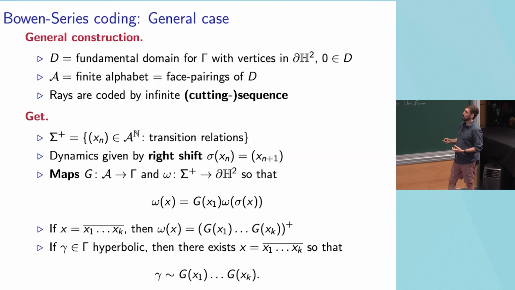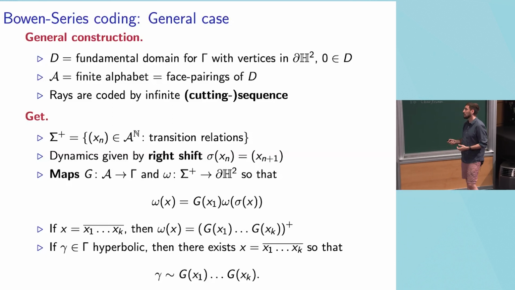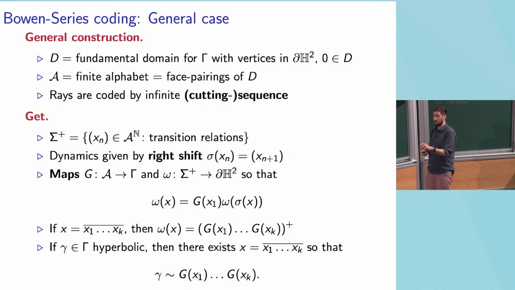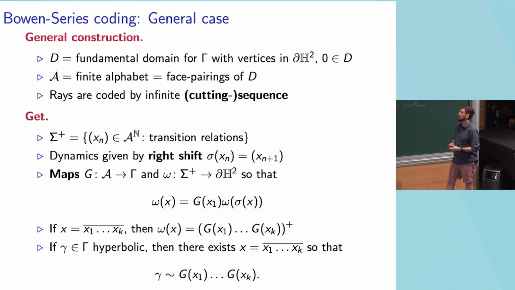And now I can look at a point at infinity given by x, omega x, and that point is exactly the attracting fixed point of this group element as an element of PSL2R. Moreover, in a kind of backward direction, if I have something that's hyperbolic, then I can find a periodic word so that gamma is conjugated to this g_x1 through x_k. Okay, so somehow this object is very good at keeping track of group elements, hyperbolic group elements at least.